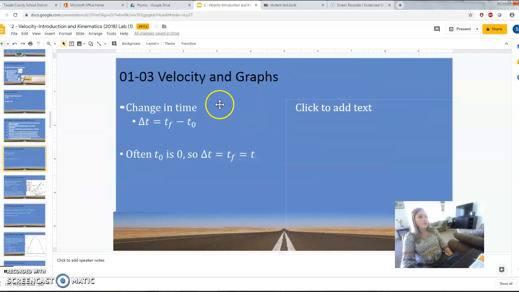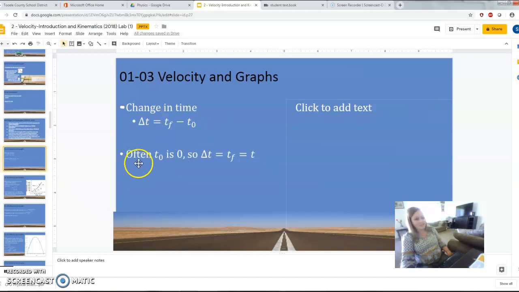First thing you need to know is that the change of time is very similar to the change of displacement. The equation is delta t, which is change of time, equals the final time minus the initial time, so t sub f minus t sub 0. Make sure you have that in your notes, put it in the study guide, or write it in your notebook.